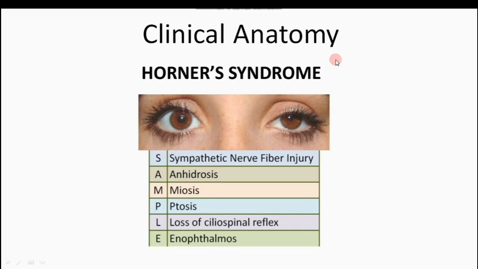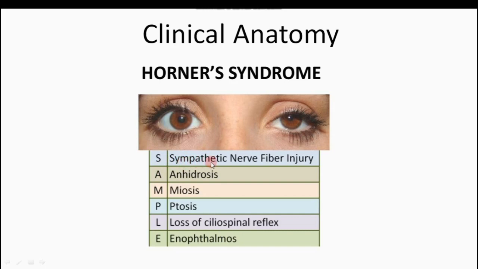So these are the structures, and the details of this clinical anatomy you will see in the lecture of root of the neck. But let's see a few. First, Horner syndrome. For this Horner syndrome, remember one mnemonic: SAMPLE. So in this Horner syndrome, what happened?